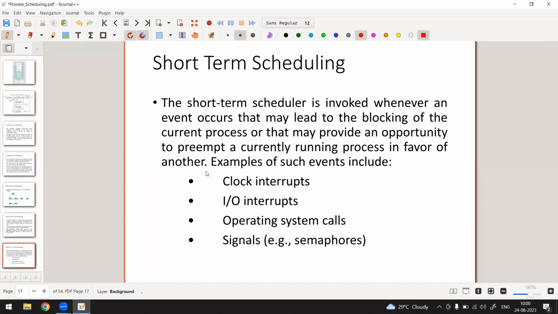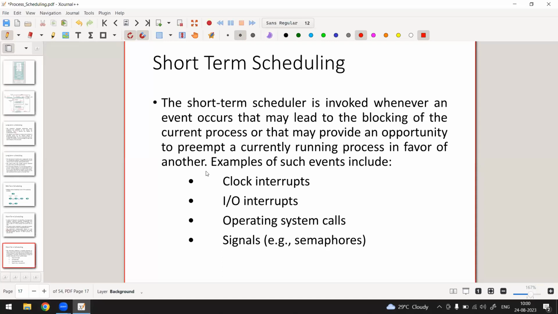In general, when does the short-term scheduler come into the picture? First, any kind of event which will trigger the process switch will cause the short-term scheduler to be invoked.